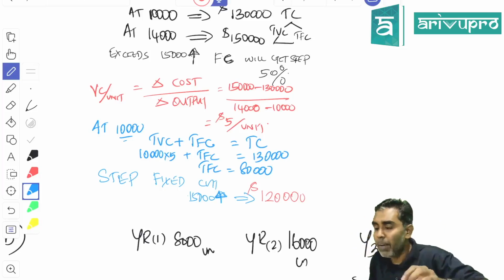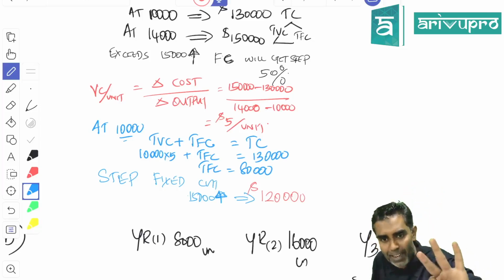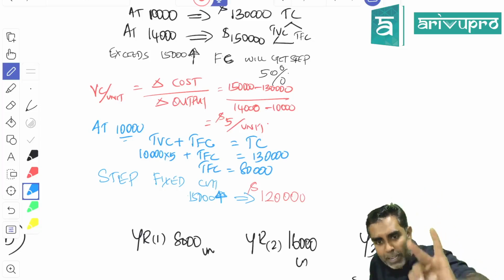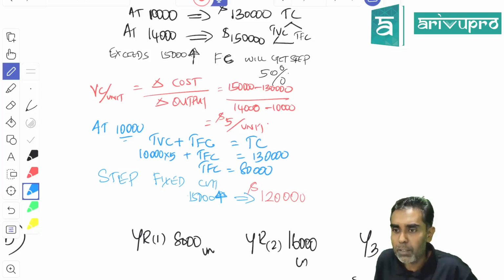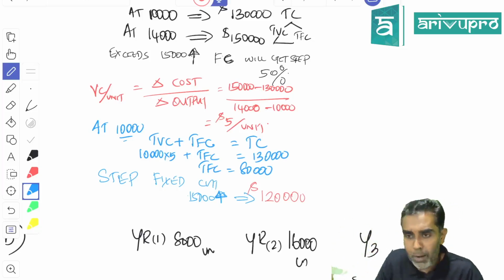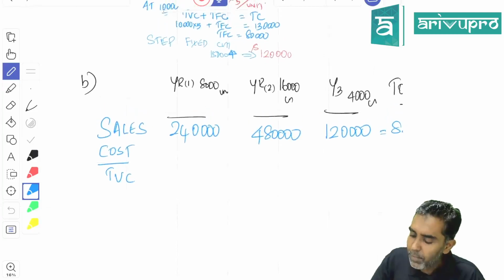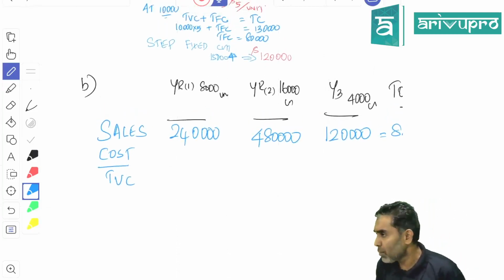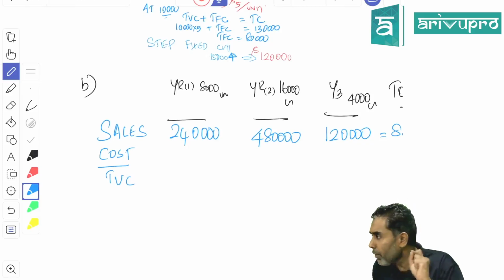The best examples are fabric, direct material, direct labor, and royalty payments. These are the best examples of variable cost. To manufacture one shirt, 1 meter of fabric. 2 shirts, 2 meters of fabric. In the first year, we are manufacturing and selling 8,000 units. Every 1 unit has a variable cost of $5.